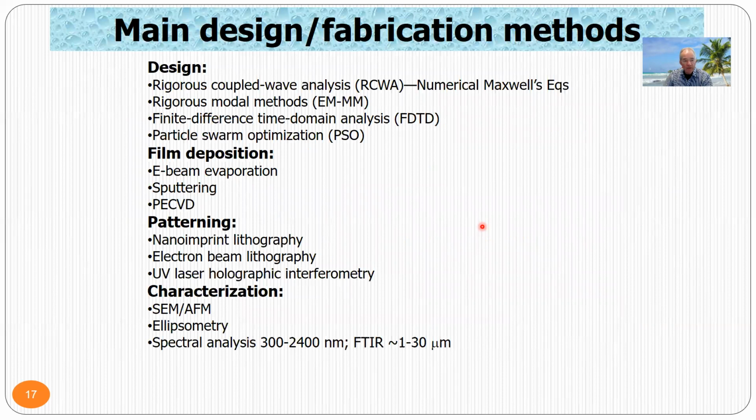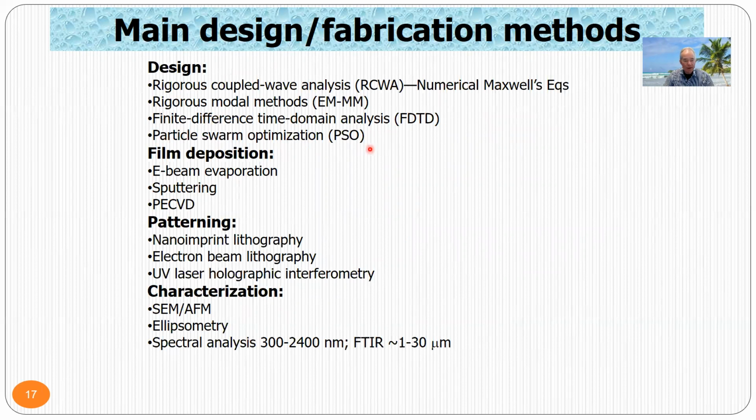So we use a variety of design methods. We solve Maxwell's equations rigorously in a variety of ways. The particle swarm optimization method is an inverse numerical method in which you can actually give the code your resonant wavelength, and it will find the sensor structure that produces resonance there.